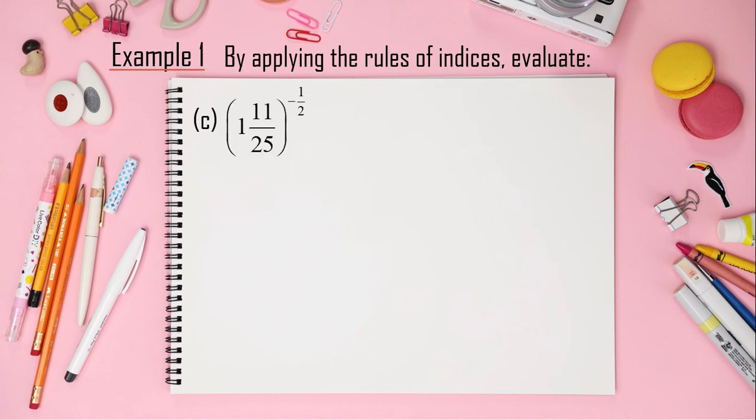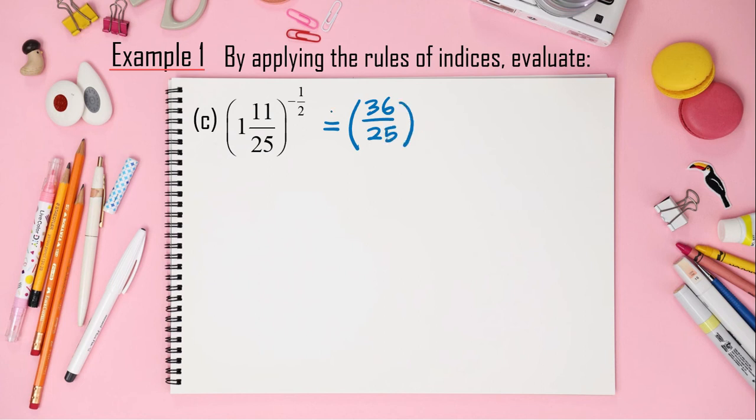Okay, the next one we have is the mixed number to the power of negative 1 over 2. The first thing to do is to convert the mixed number to an improper fraction. So this is actually 36 over 25.